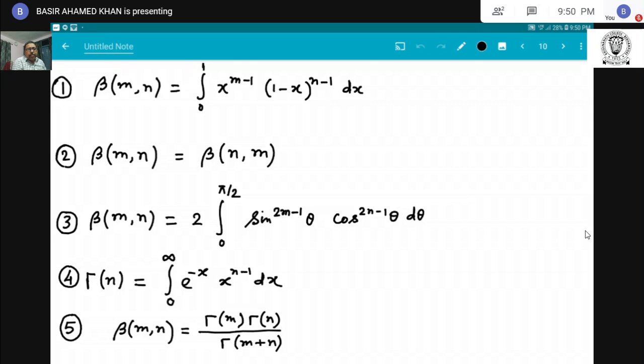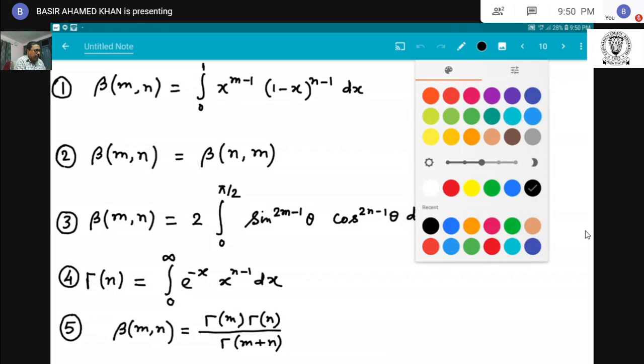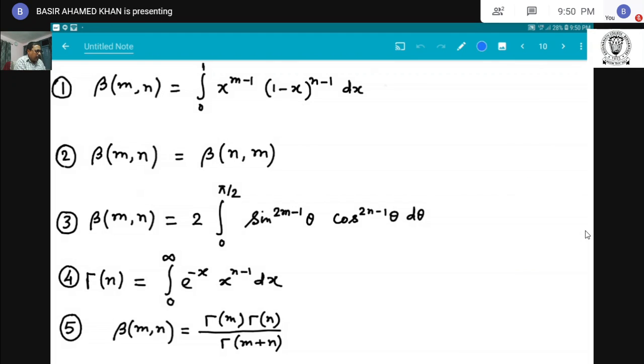We already know in my previous lecture the definition of beta function, beta mn equal to integration over 0 to 1 x to the power m minus 1 into 1 minus x whole to the power n minus 1 dx. This is the definition of beta function, where m and n, two parameters, are greater than 0.